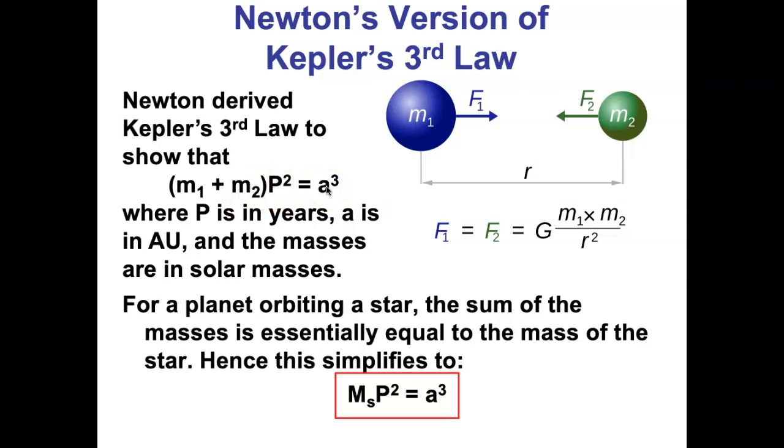The mass of the planet and the sun, that's where the gravitational force comes from. So if you're talking about two objects orbiting around each other, if you want to do the full treatment of explaining how anything orbits anything, you need to use Newton's version of Kepler's third law.